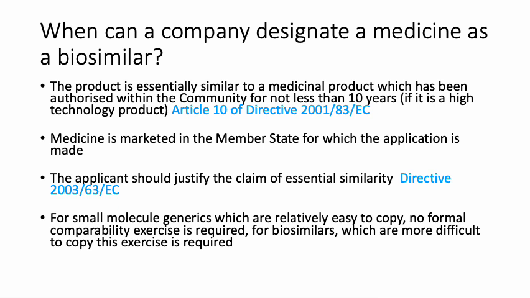And for small molecule generics, which are the chemical medicines, they're relatively easy to copy. There's no formal comparability exercise required. But for biosimilars, which are more difficult to copy, this exercise is required.